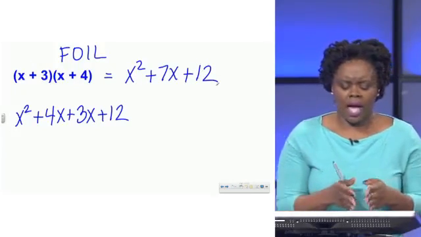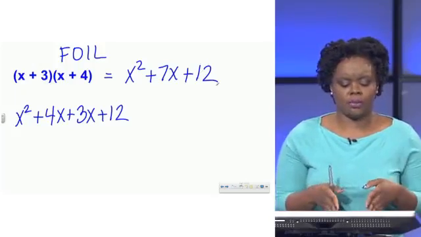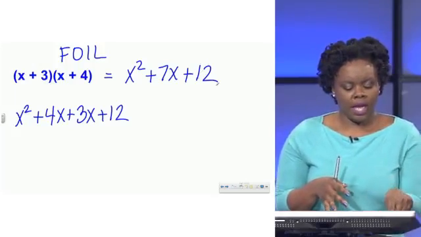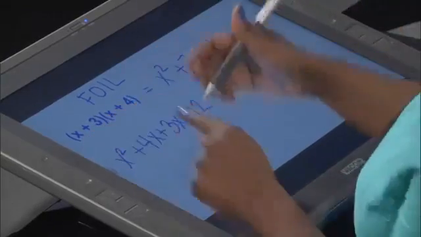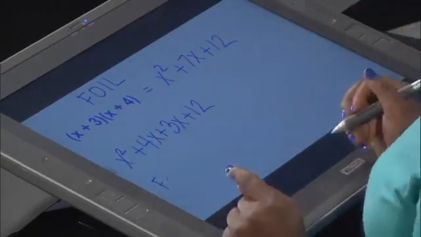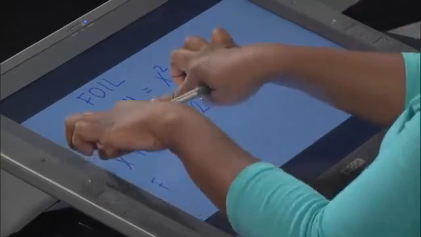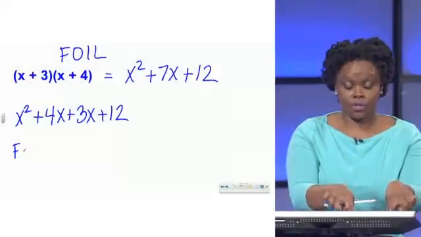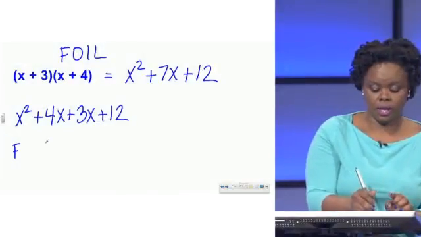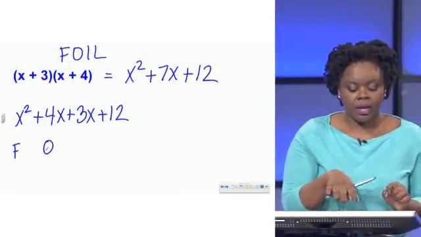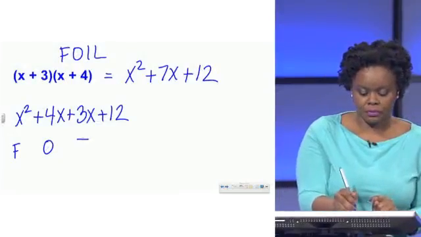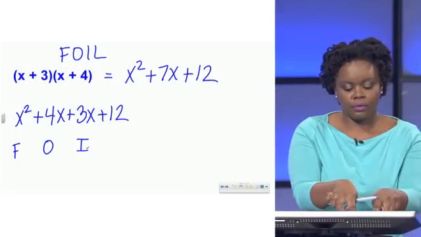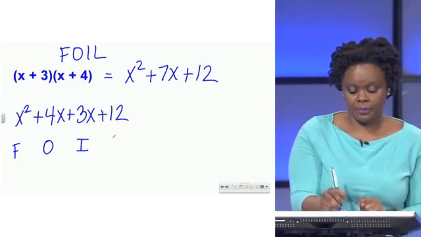Now let's think about how we actually generated these terms. We know that x squared we got when we multiplied the first terms together. 4x came about when we multiplied the outer terms together. 3x came about from multiplying the inner terms together. And the 12 from multiplying the last terms together.